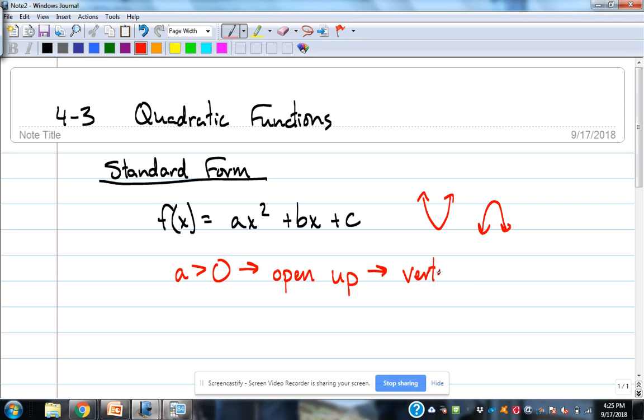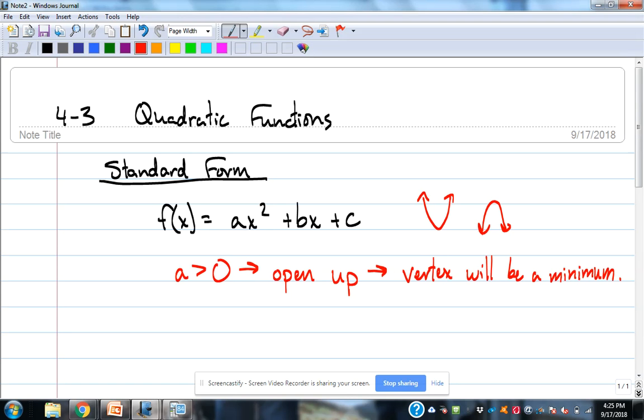The vertex will be a minimum. Okay, we're going to talk about vertex in just a second. Vertex is this point here. The first one here is an example of one that has a positive A value. It opens up. The vertex is a minimum because it's the lowest point on the graph.